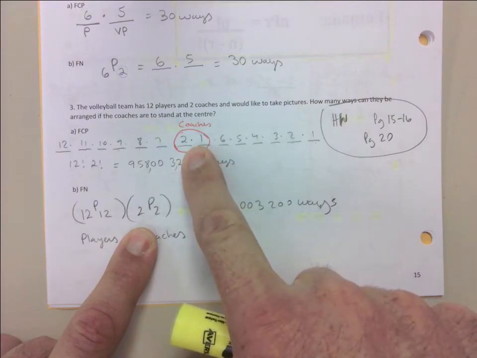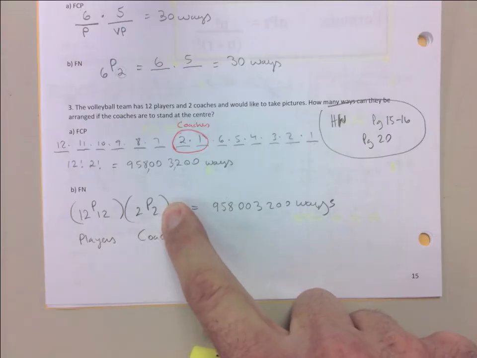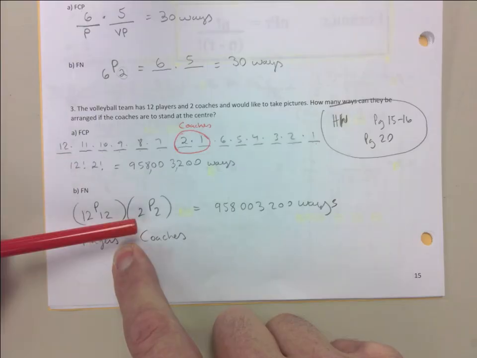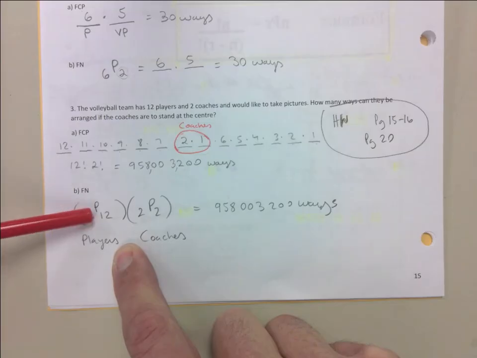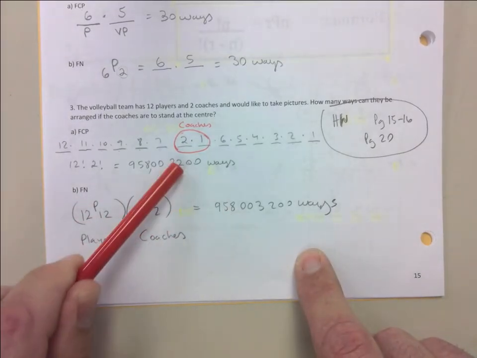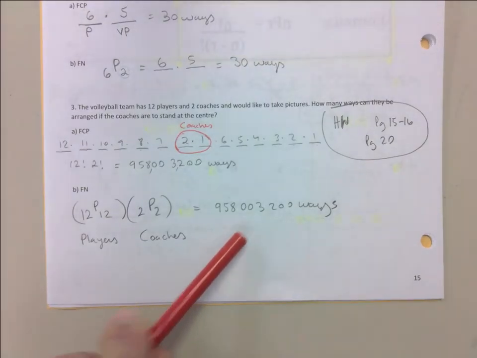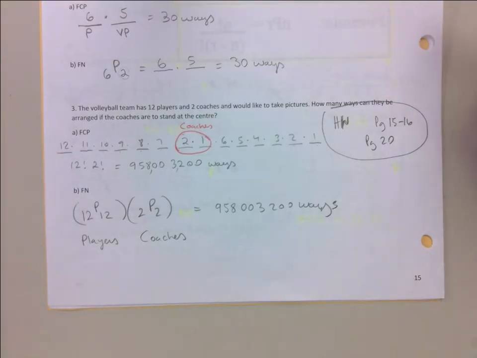And at the center, from the 2 coaches, you pick 2. This one is really 12 factorial and this one is 2 factorial. When you multiply these two, you still get the same answer as before. I just need you to see it. I'm not going to force you to do it one way or the other, but if you look at my answer key from time to time, I do use permutation notation. Let's go to 16.